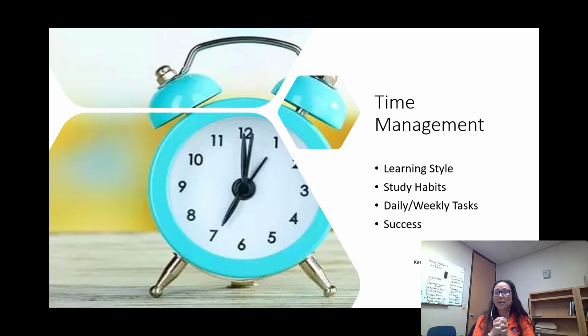Maybe instead of taking on a paper in one day and making it a 12-hour day, you take it in bite-sized chunks, writing a paragraph or two each day. Maybe you spend an hour or a couple of hours developing all the research you need. All of that equates to your personal success.